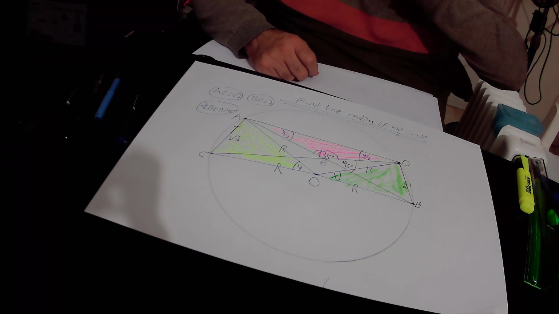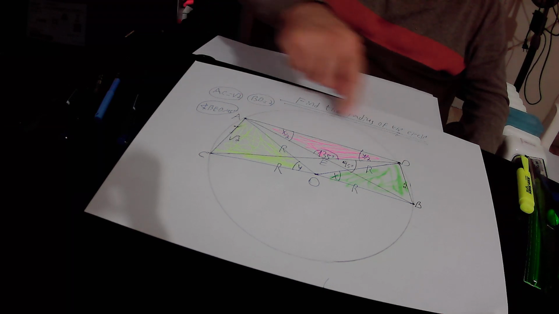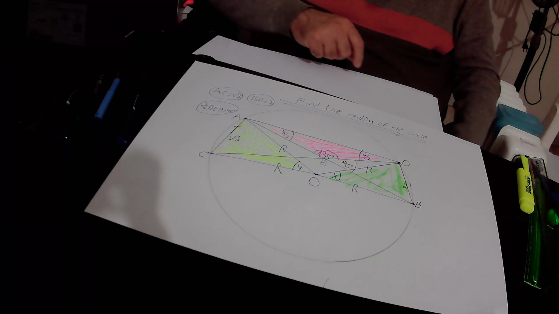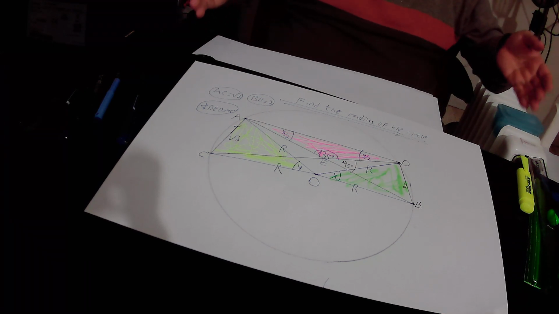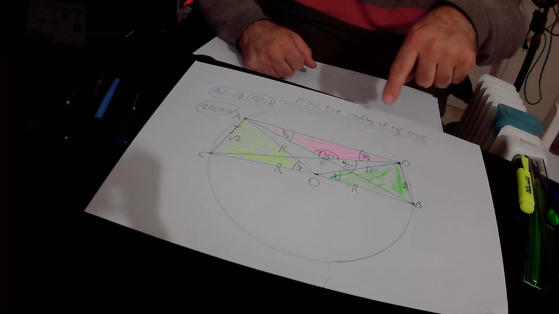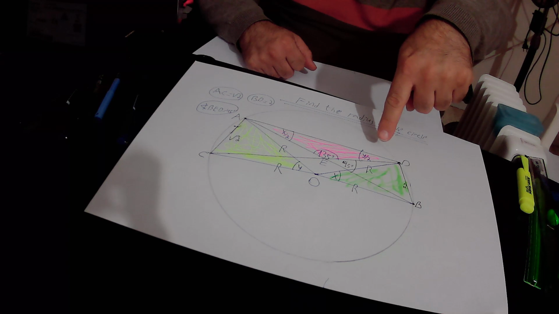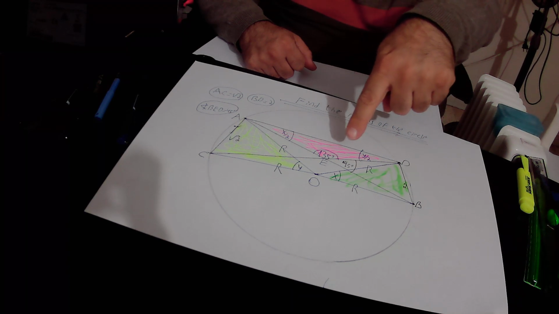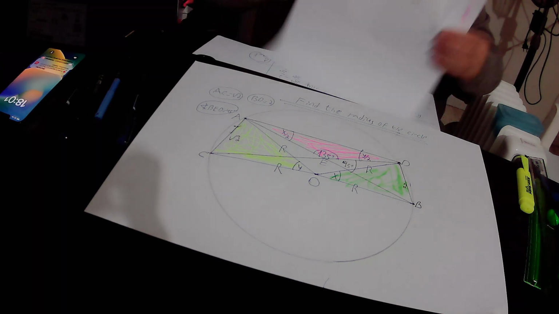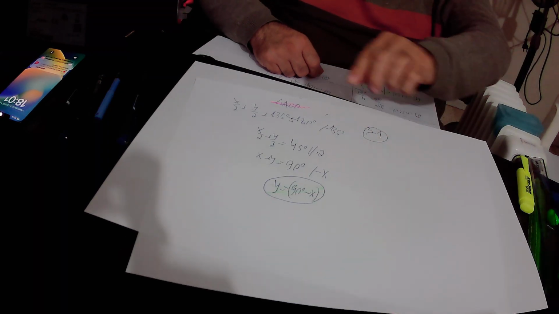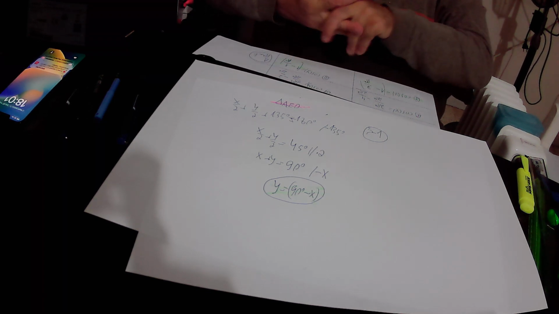Okay? So then we focused on the pink triangle, triangle AED. In this triangle, we know that the sum of the angles in any triangle equals 180 degrees. So which angles do we have here? We have x over 2 plus y over 2 plus 135 degrees equals 180 degrees.